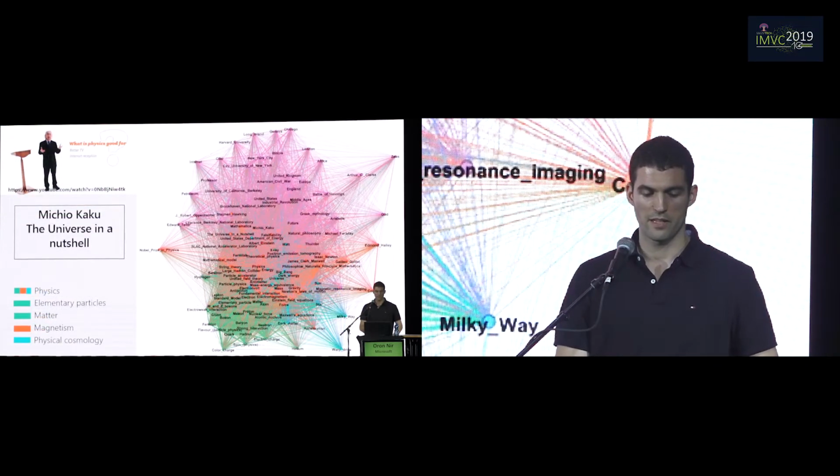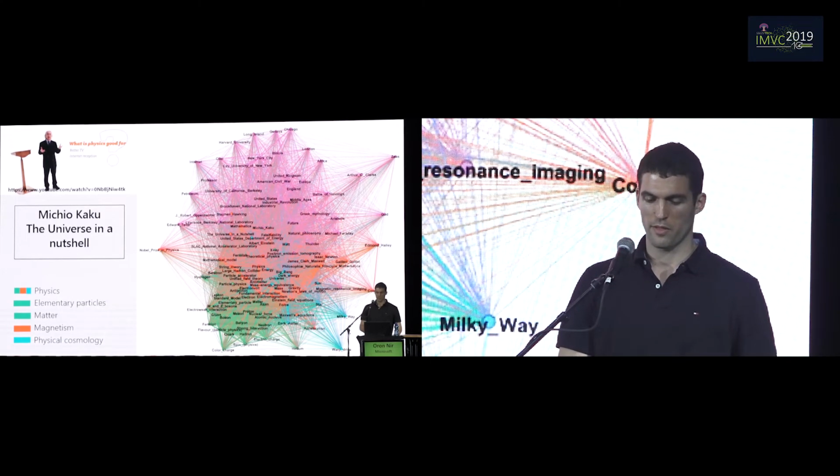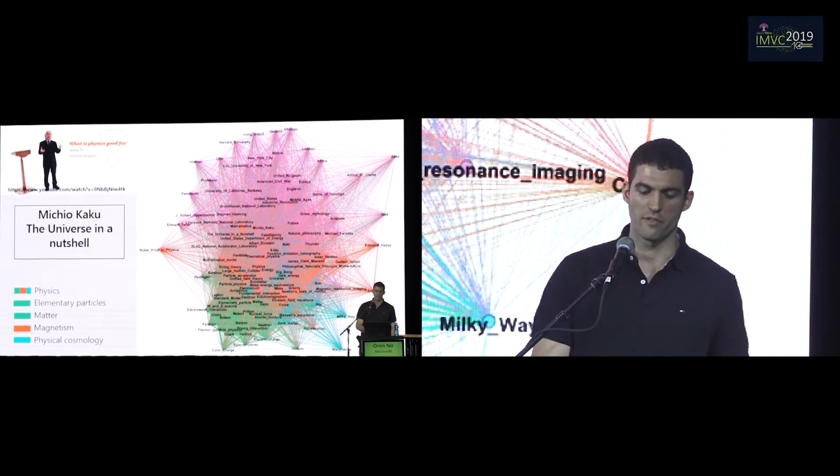Another example for that is the following video, where Michio Kaku, a professor of physics, talks about the universe in a nutshell, and here the green cluster talks about the particle level elements, the blue cluster talks about astrophysics with items like Big Bang. The orange cluster is a classical physics cluster with items like gravity, force, etc.